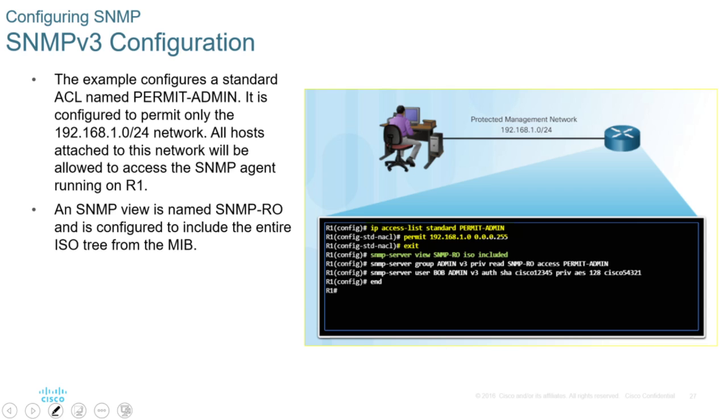Then we can assign the admin and v3. Also we can assign the access ACL permit admin to the SNMP RO. After that, we can configure the user. We can configure authentication, or rather encryption, and so on. So that is a fairly straightforward way of configuring SNMP v3.